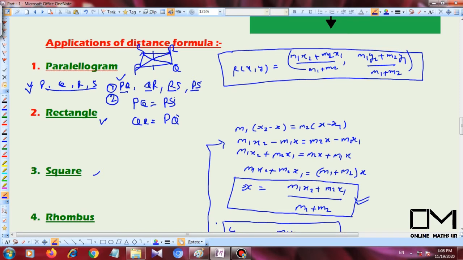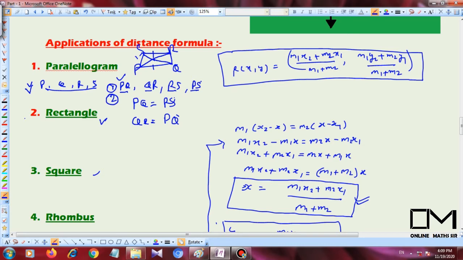If the midpoint of both is the same, it means the diagonals bisect each other. Clear? It means the quadrilateral is a parallelogram, because the diagonals of a parallelogram bisect each other. So these are the two methods.